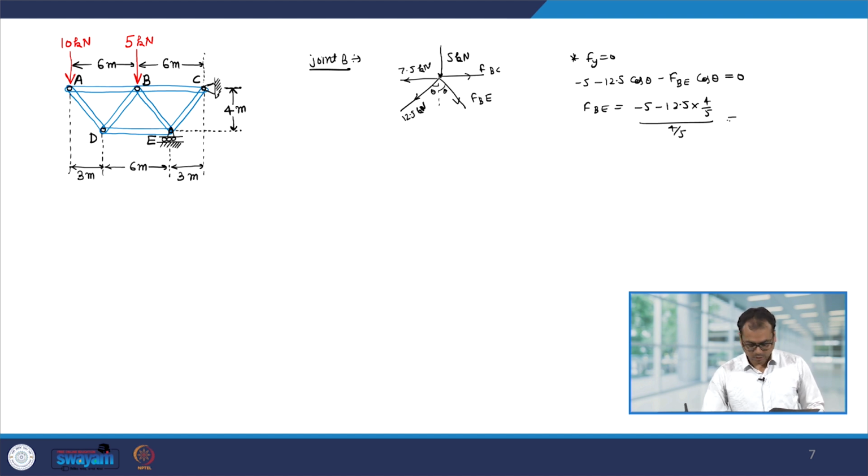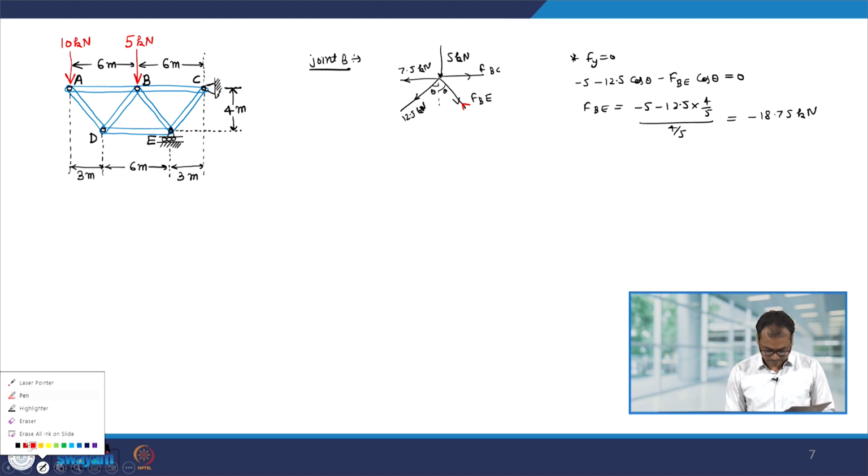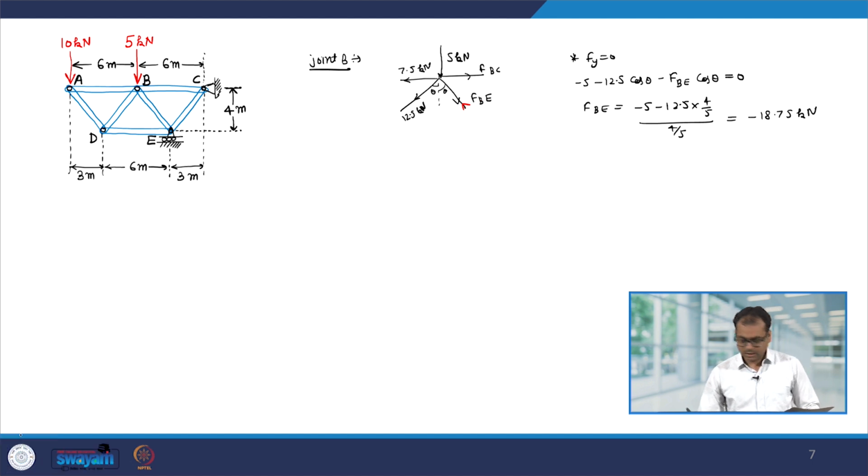So, this comes out to be minus 18.75 kilonewton. So, that means we have to change the direction of BE. So, this force should be in that direction, and therefore, this is a compressive force.